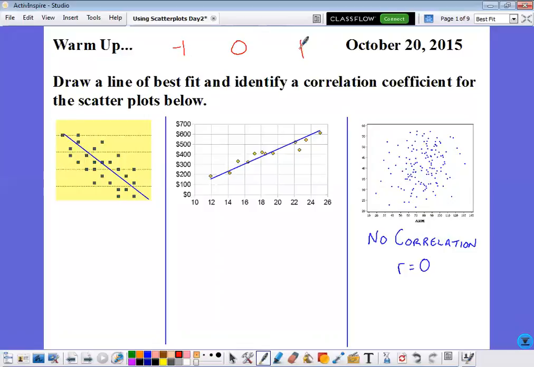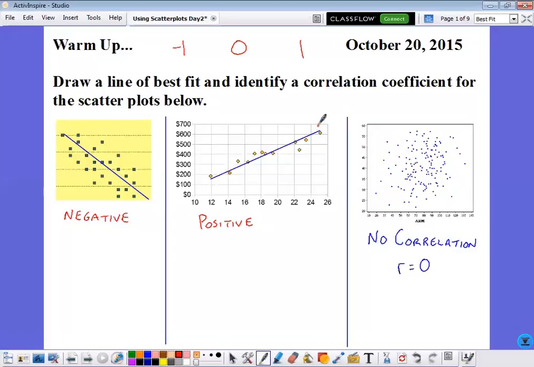The first thing I'm going to do is we'll talk about this one. In this case, it's obvious that we have a negative correlation. It's negative because the slope of our line is negative. We're going down is what a lot of people say also. If I go to this one, the second problem, it has a positive correlation. Positive because we're going up.